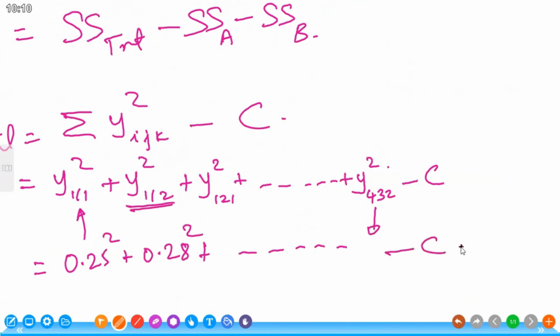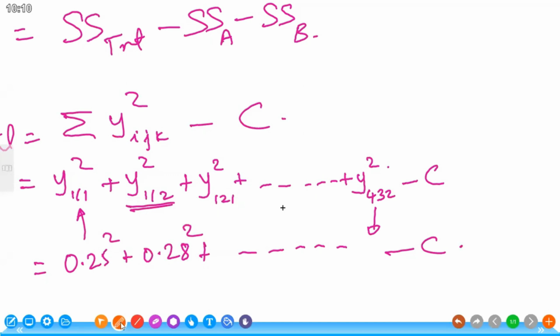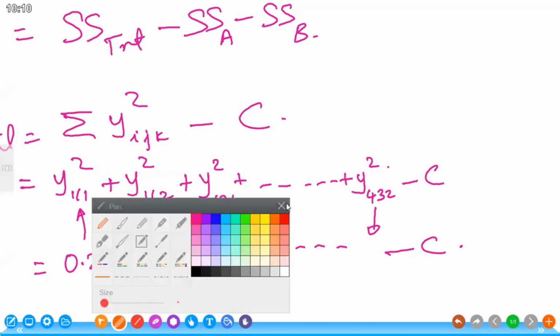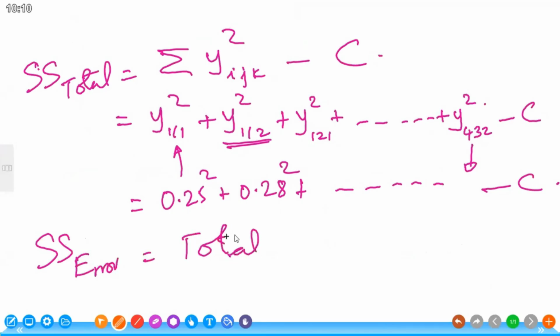This is the total sums of square. Once you get the total sums of square, the sums of square of error is calculated by total minus the rest.